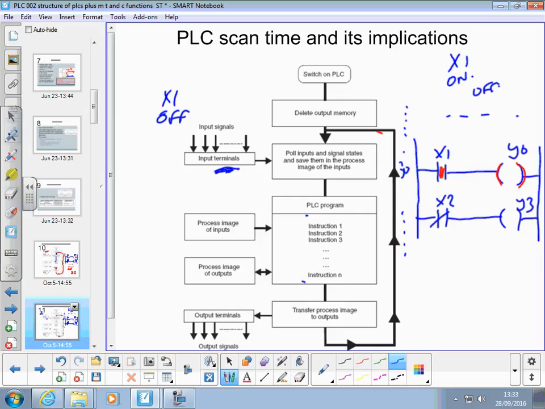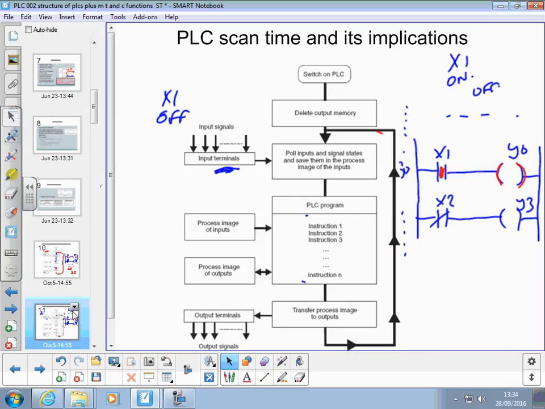And again, could be milli or microseconds, but in some applications where speed is at a premium, that might be an issue. And so you should at least be aware that this is how a PLC operates. But it's done that way because it makes it consistent.